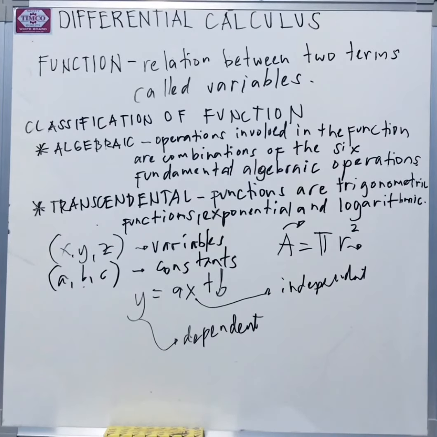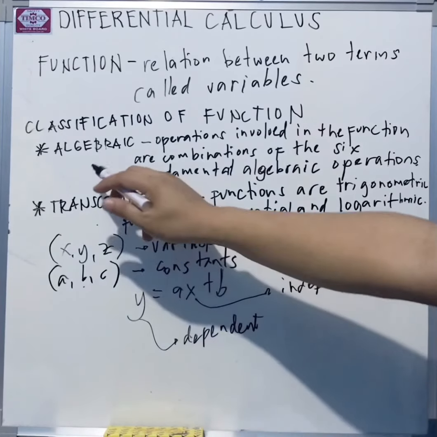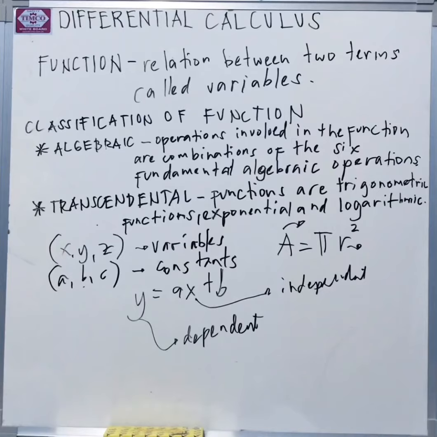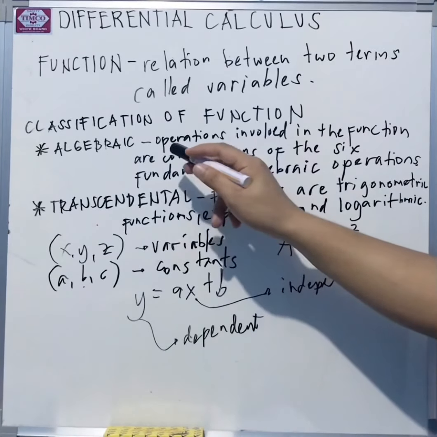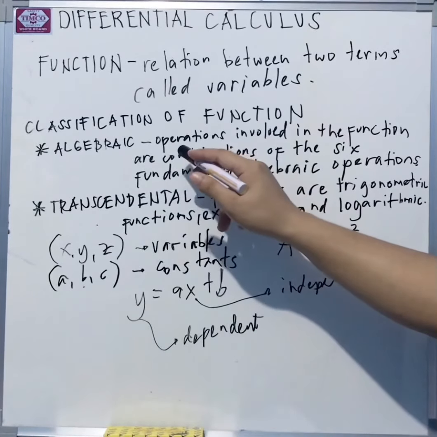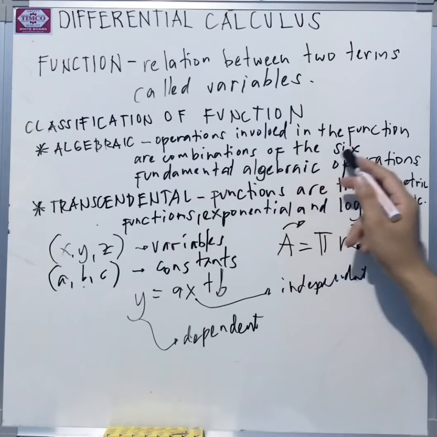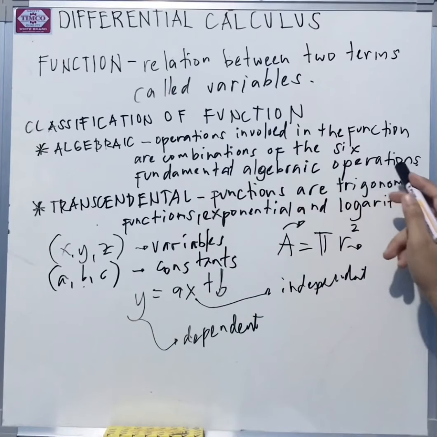Now, meron tayong classification of function. Una, meron tayong algebraic functions. So, ano bang algebraic function? By definition, the operations involved in the function are combinations of the six fundamental algebraic operations.